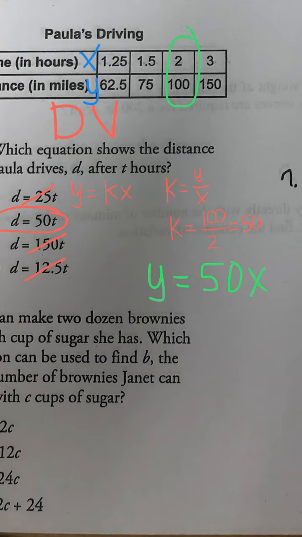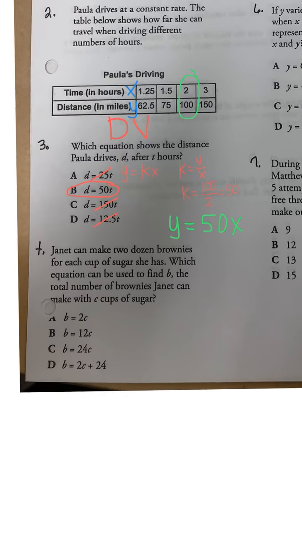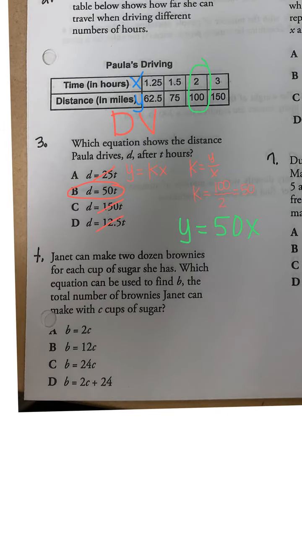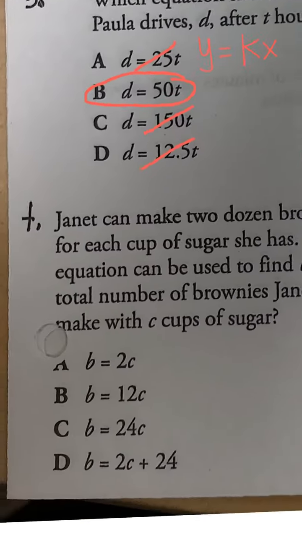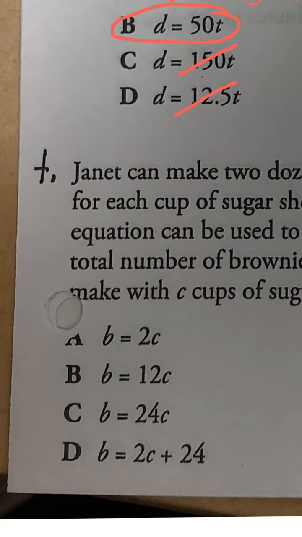Okay, so for the next problem, this one's tricky because there are no numbers, so you have to read the words. Janet can make 2 dozen brownies for each cup of sugar she has. Which equation can be used to find B, the total number of brownies Janet can make with C cups of sugar? Now take a look at the equations. B equals 2C. Would you agree that this resembles y equals kx?